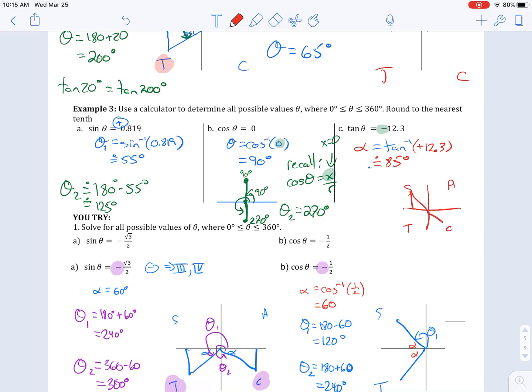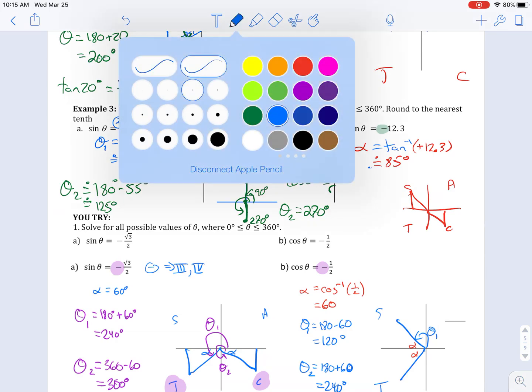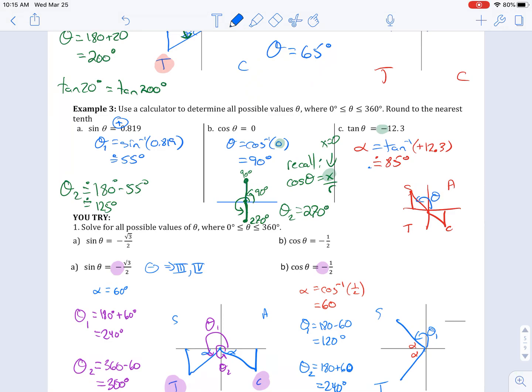So tan is negative here and here. So that means theta 1 is going to be 180 minus 85. So I end up with approximately 95 degrees. And then theta 2 is wrapping all the way around. So I get 360 minus 95 degrees. And so I end up with 265.